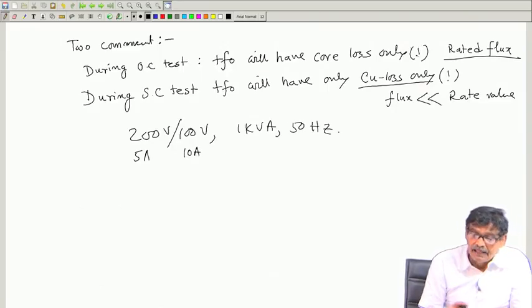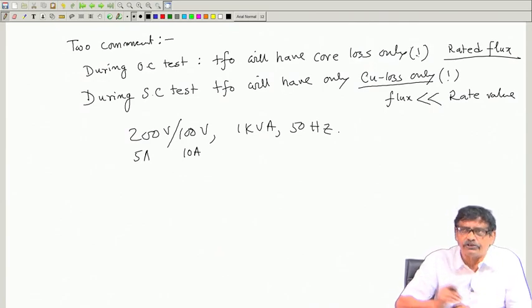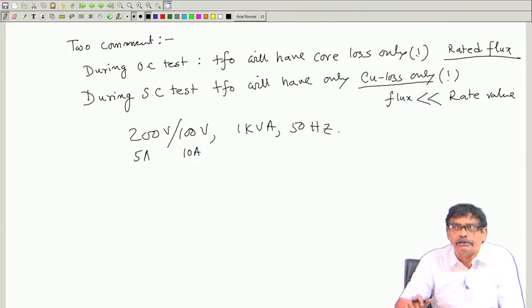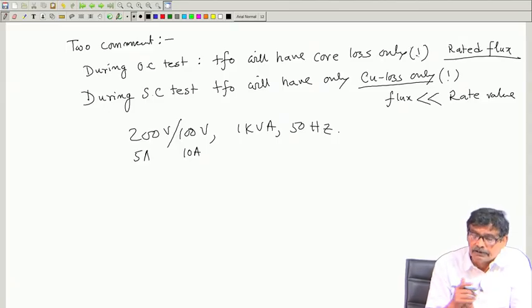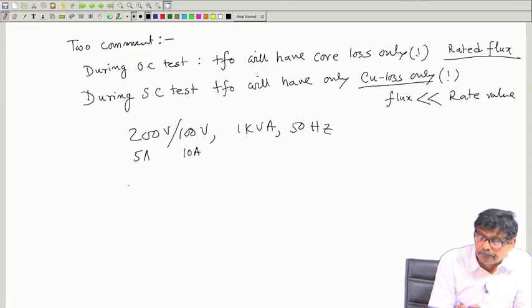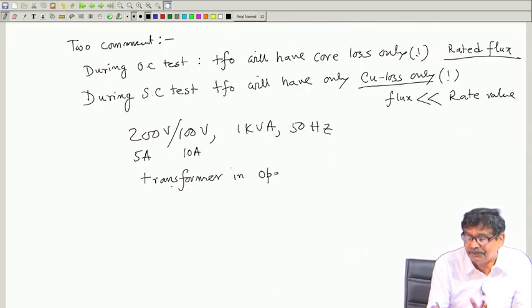Now, you have purchased a transformer, you do the open circuit and short circuit test, but you will be putting this to use, so that the transformer is fully loaded, it should operate under full load condition. For example, you would like to see this transformer in operation, what will be this situation?